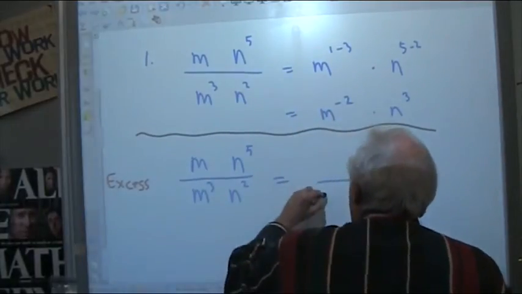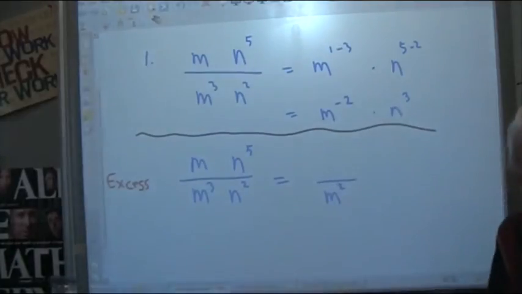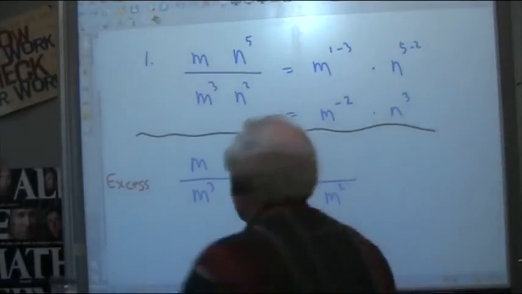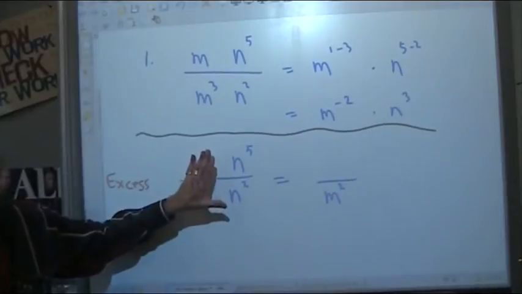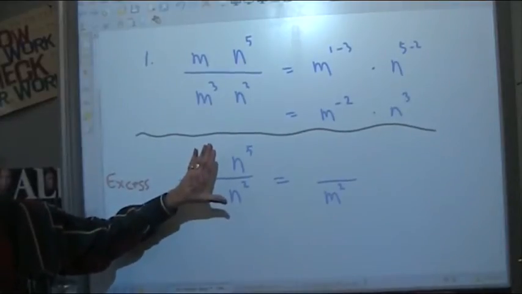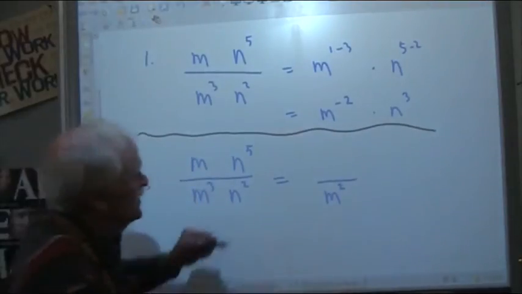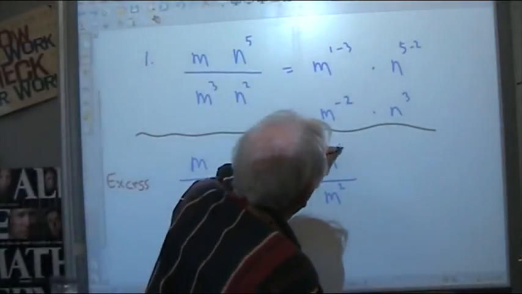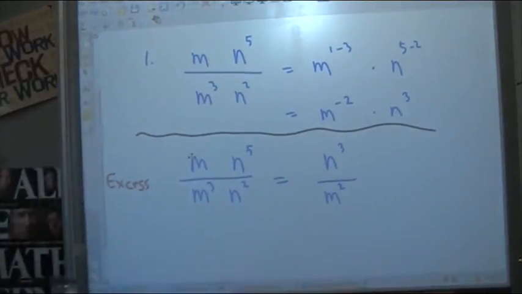So I immediately put m with its excess as its exponent. Now I look at my n's. Is there an excess of n's someplace? By how many? 3. So I put n cubed in my numerator. This makes so much sense. So that avoids that confusing business.